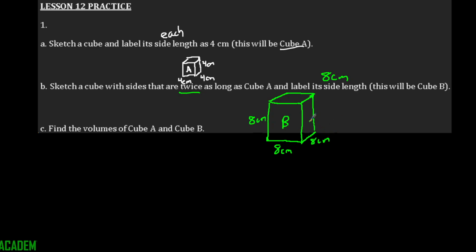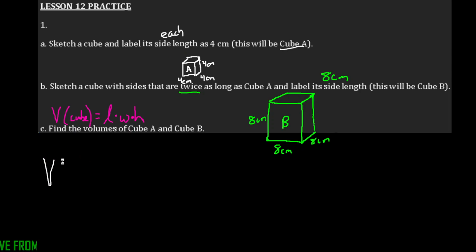And now it says to find the volumes of cube A and cube B. And remember, when you are looking for the volume of a cube, we say the volume of a cube is going to be equal to the length times the width times the height. And so we're going to say for our cube A, so I'm going to write it like this.